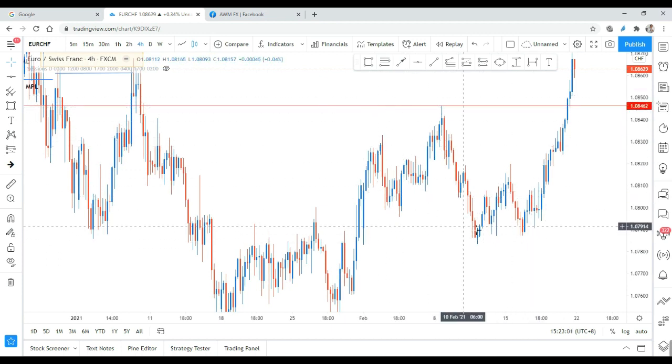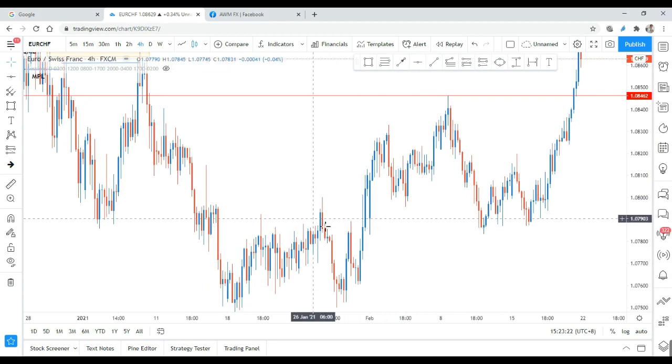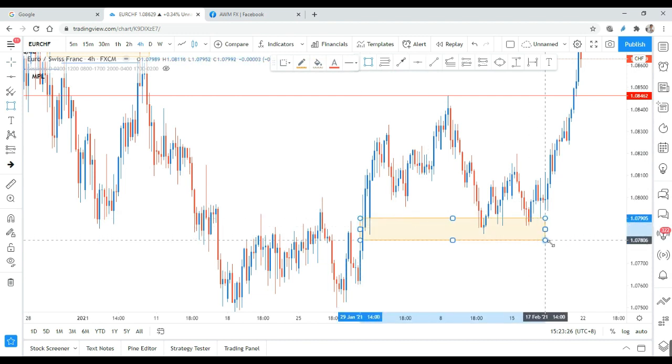So with so many checklists that we have, we know that this is likely to fail and won't be doing us any good. Instead of that, we can look for a trend continuation trade. The reason is that there is a very nice king setup over here.